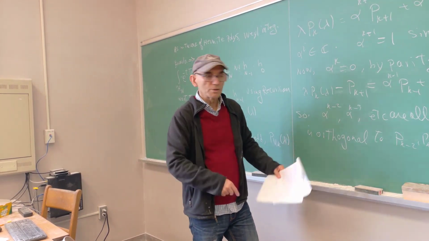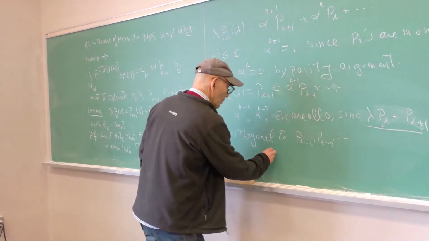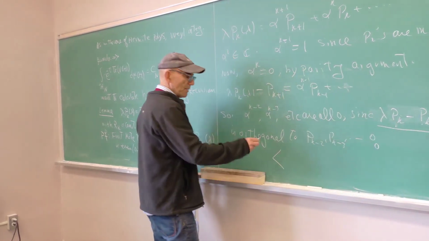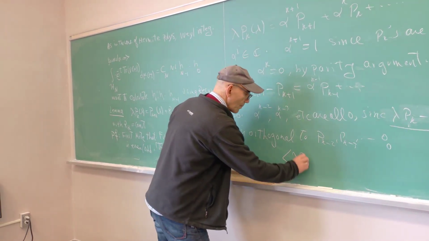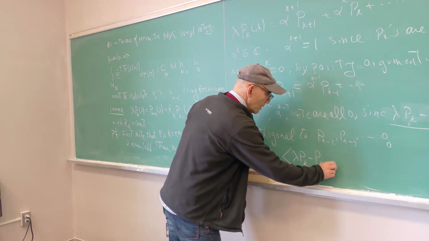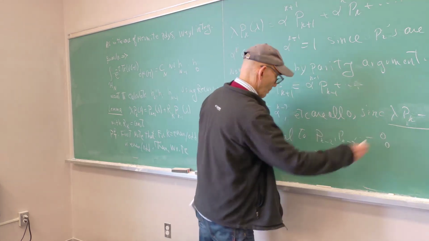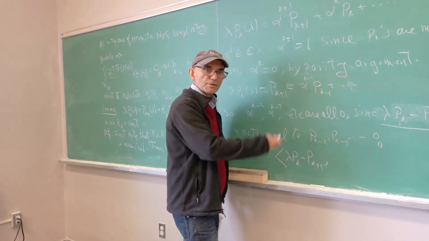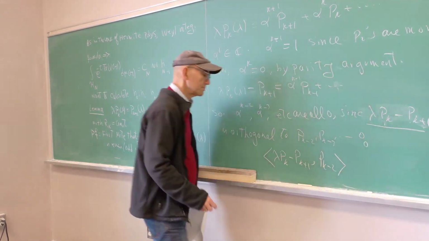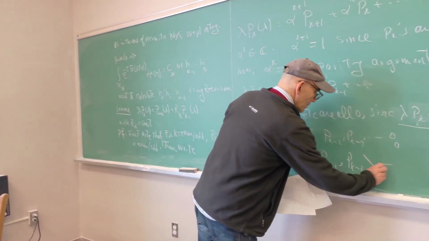So let's look at the inner product of lambda pk minus pk plus 1 with, say, pk minus 2, for example. Let's look at one of them.